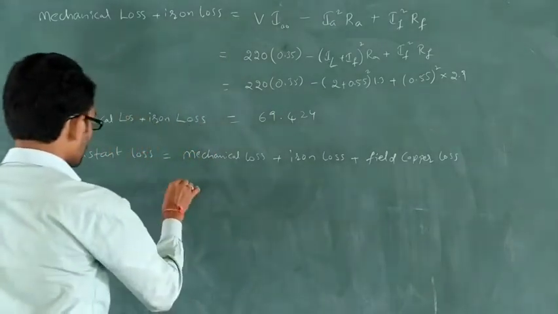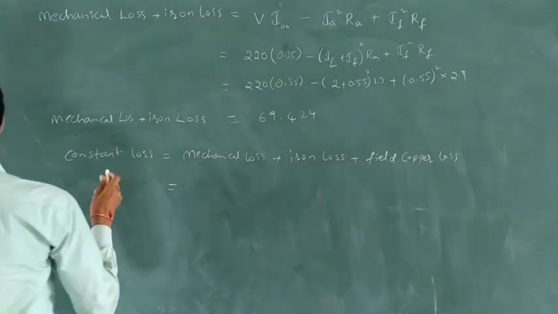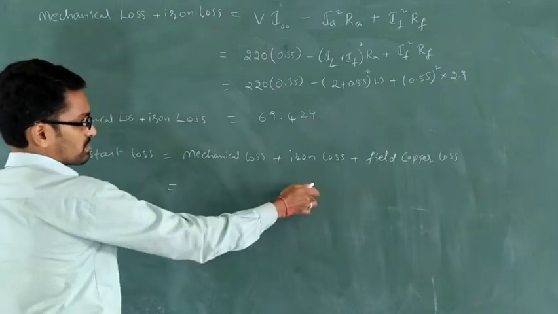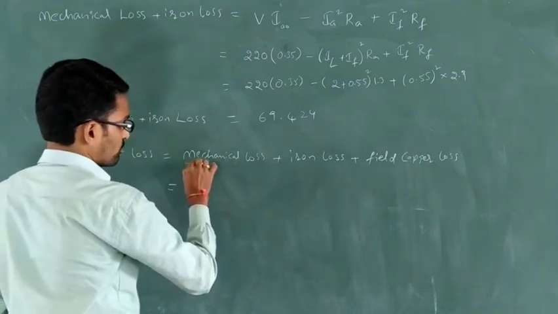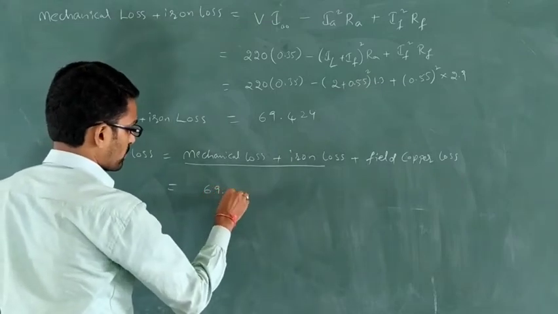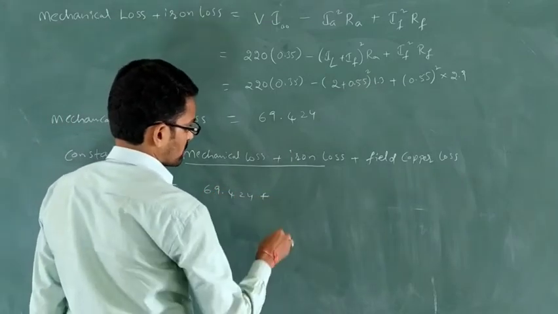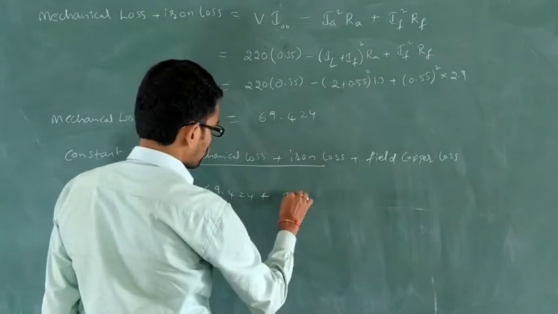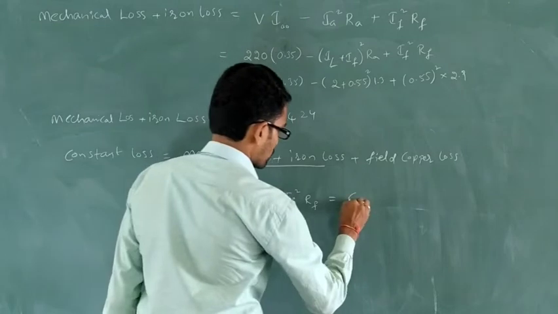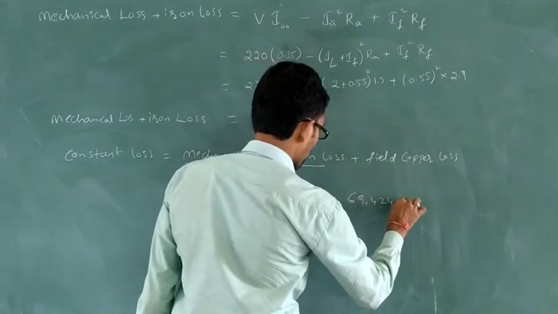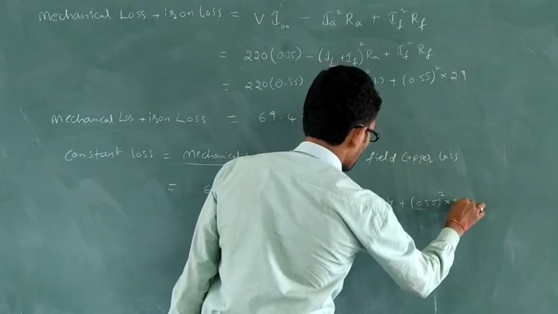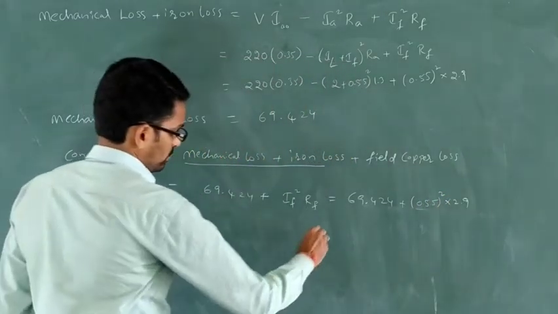So that gives your constant loss, that is, constant loss is equal to mechanical loss plus iron loss plus field copper loss. So mechanical loss plus iron loss is 69.424, plus field copper loss, which is nothing but IF square RF. So that is 69.424 plus 0.55 whole square into 2.9.